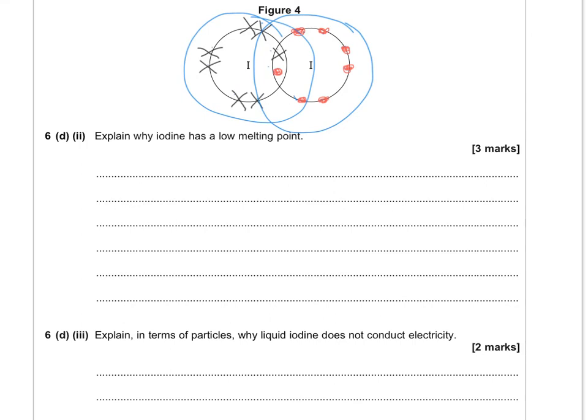So although the covalent bonds themselves are really, really strong, it's the intermolecular bonds between the molecules. So say I've got 3 iodine molecules here. The intermolecular bonds that keep them together are quite weak. So they don't require a lot of energy to break.